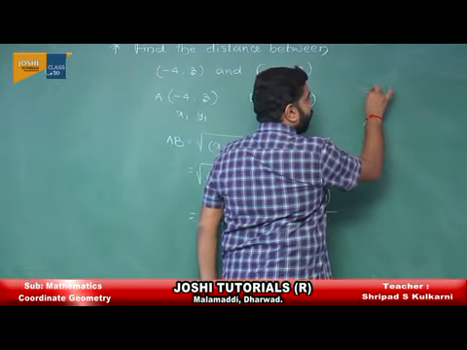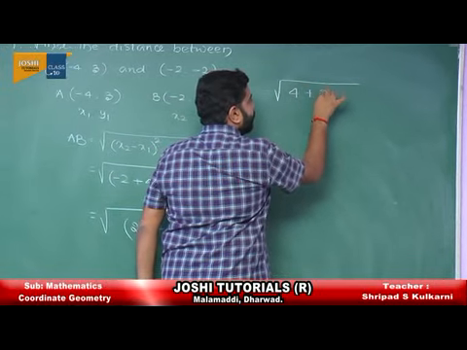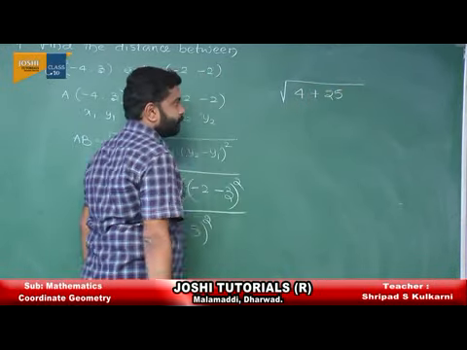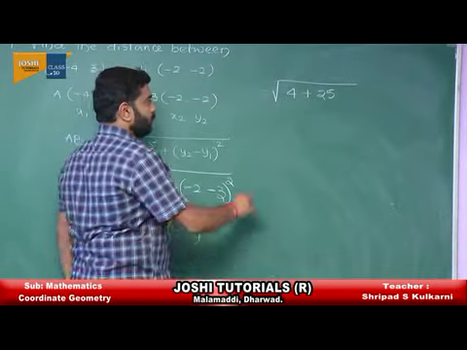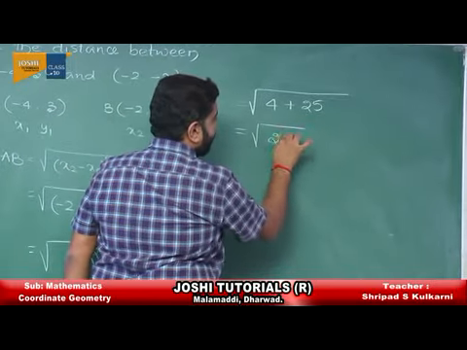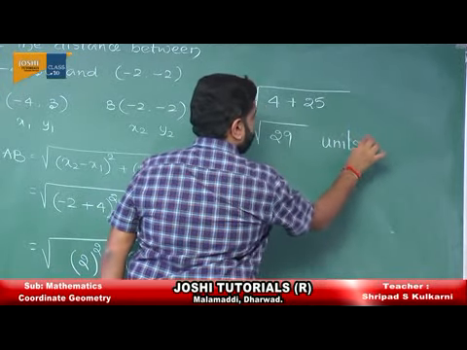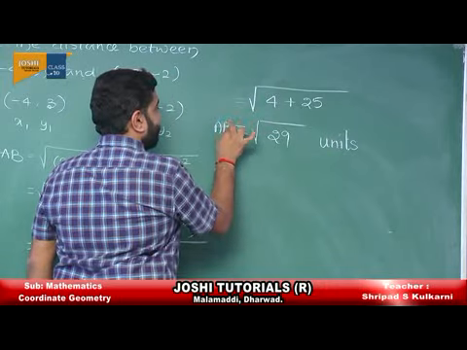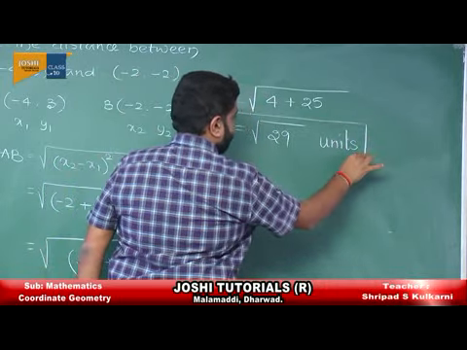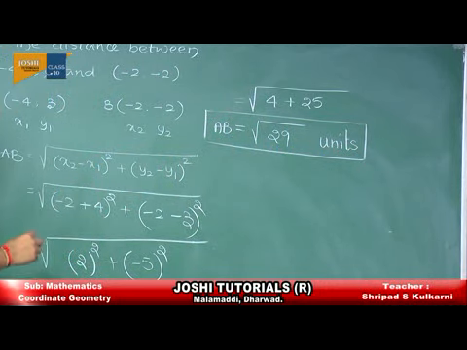So square root of 4 plus 25. So we'll get square root of 29 units. This is a simple example. Just have a glance. We'll move to the next.